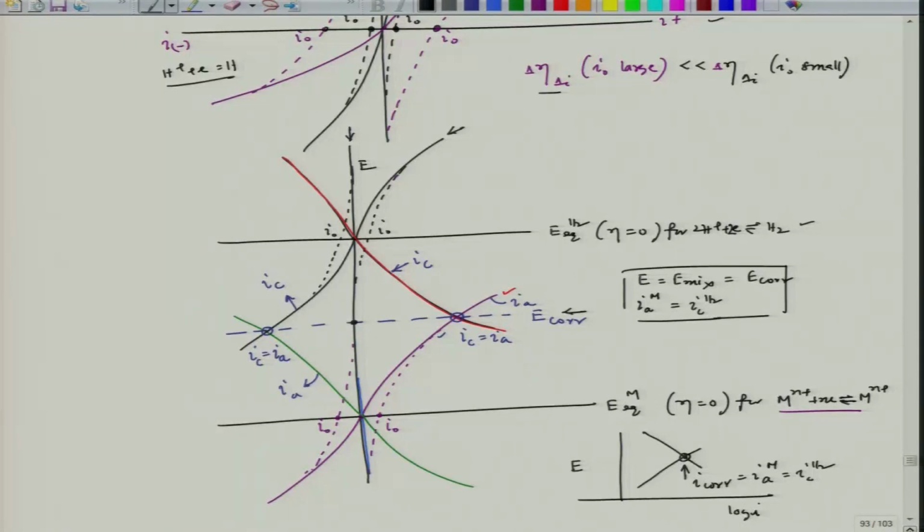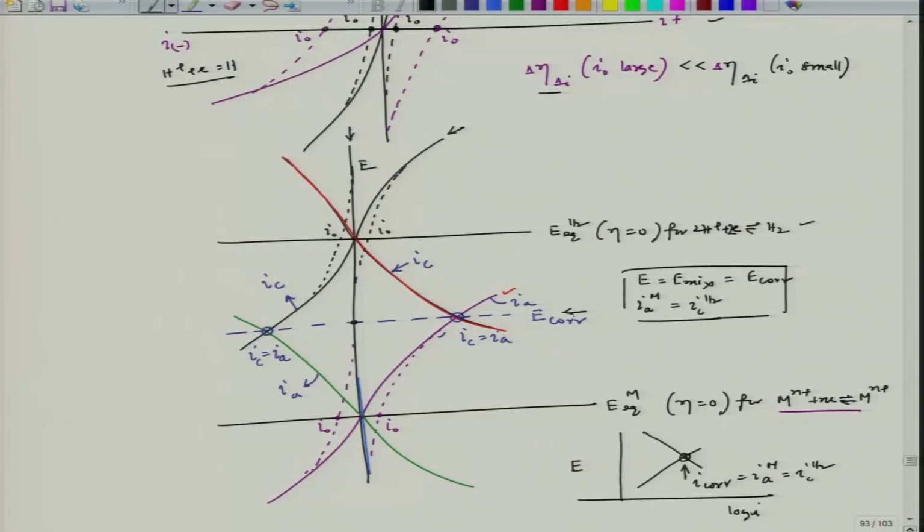But remember, this is for two different processes. One is the rate of cathodic reaction, which indicates the rate of hydrogen evolution reaction on the metal surface, and the rate of anodic reaction indicates the metal dissolution rate, and that is what we get in this steady condition.